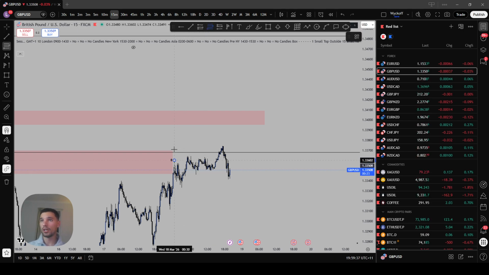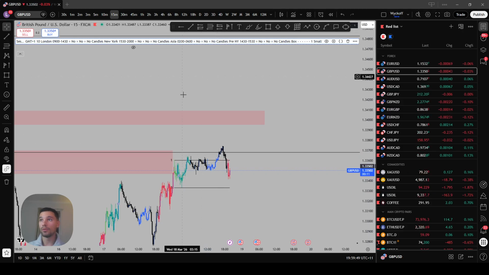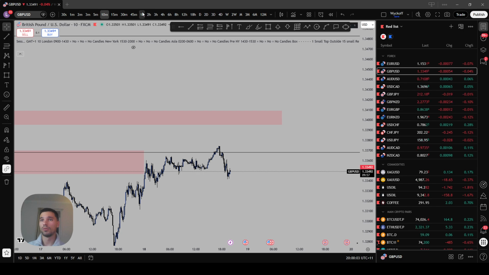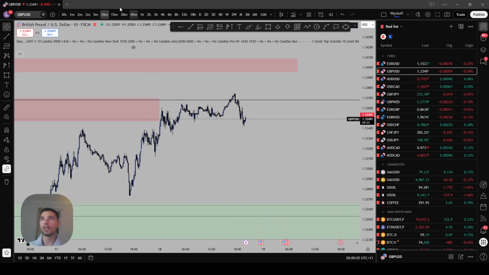You would have probably had a chart up something like this if you were paying attention. And yeah, we maybe broke some form of structure here, but we ended up making quite a manipulative move, sort of during Asia and pre-London, and then we are now moving back down. But nothing at the moment for me to really pay much attention to in here.